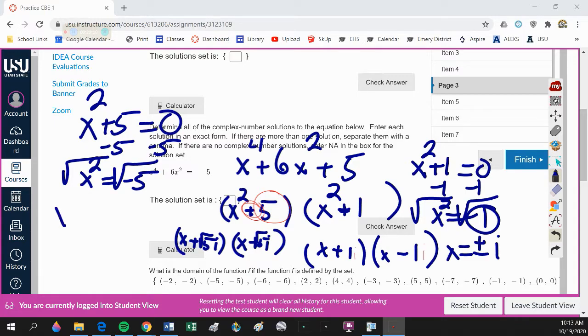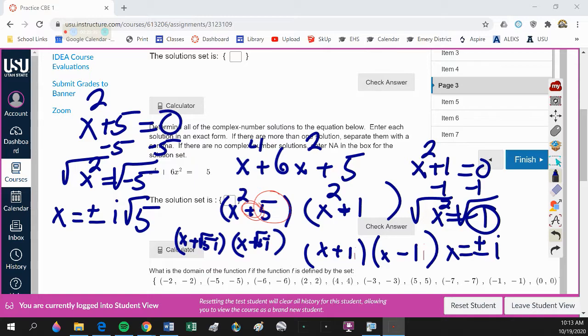Take the square root. The square root gives us plus or minus, and then i comes out from the negative root 5. So there are 4 answers. i root 5, negative i root 5, i, and negative i. Does that make sense?